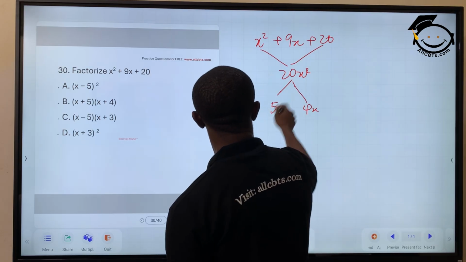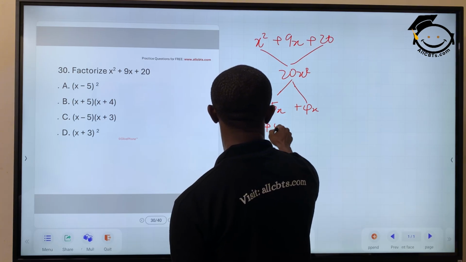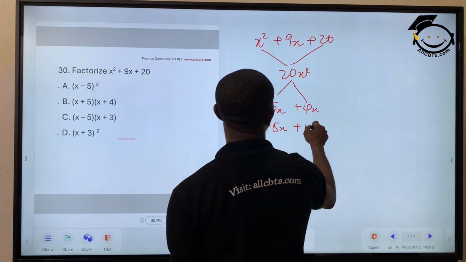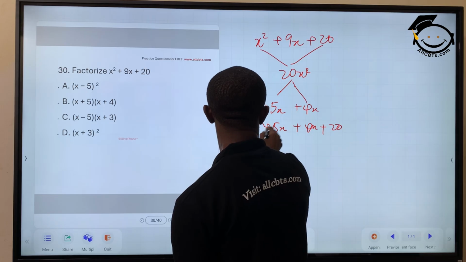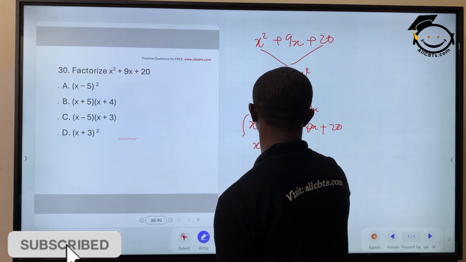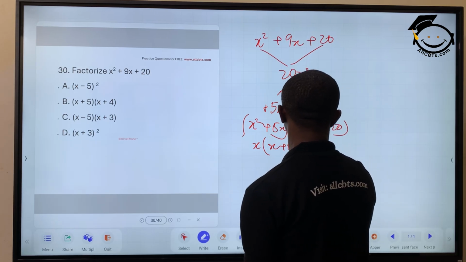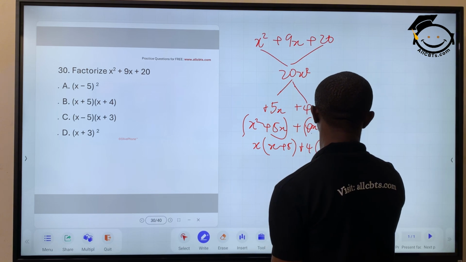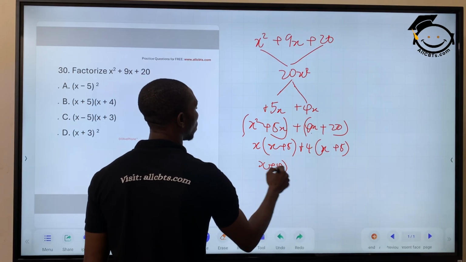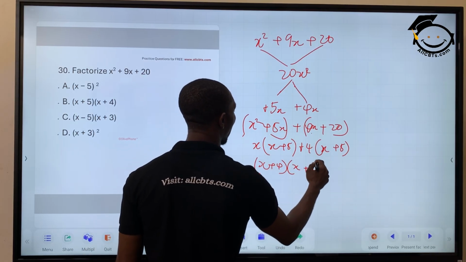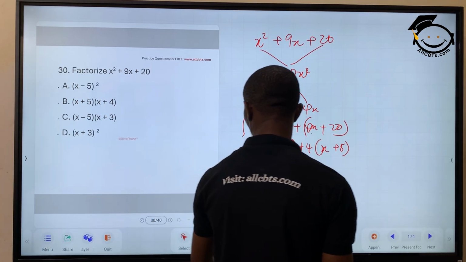Since both are positive, that gives you x squared plus 5x plus 4x plus 20. So x is common here, so we have x plus 5. 4 is common here, so we have plus 4, x plus 5. So here we would have it as x plus 4, x plus 5.